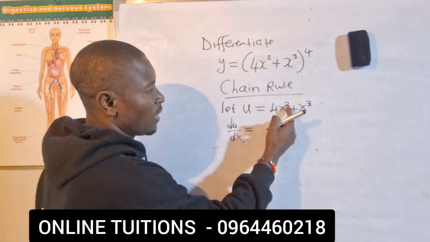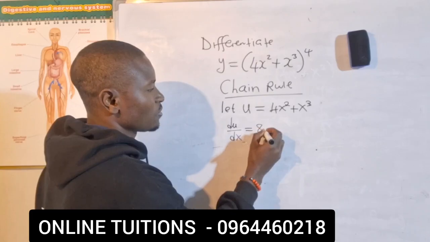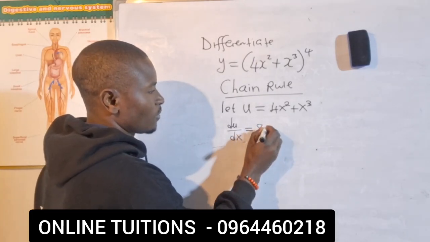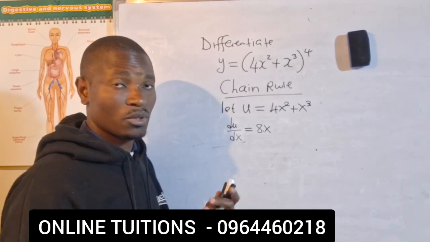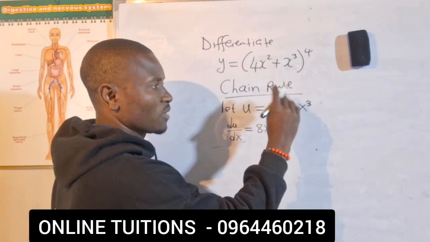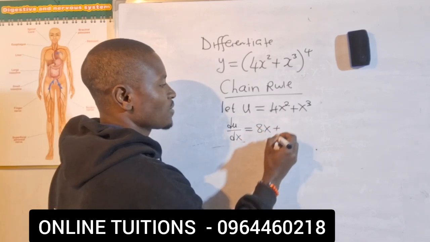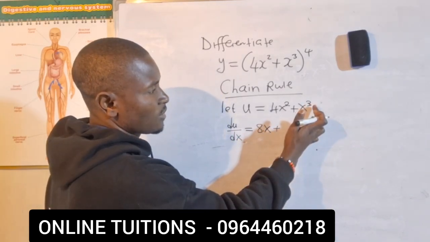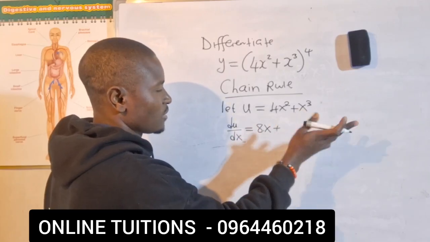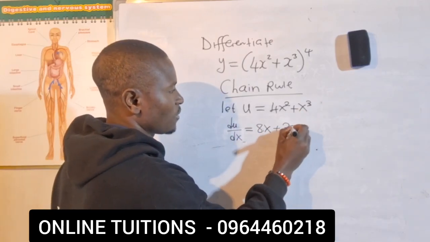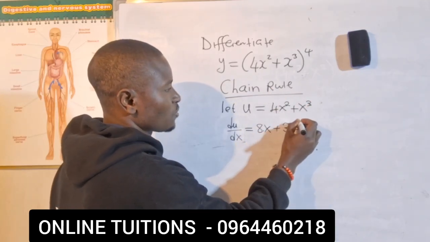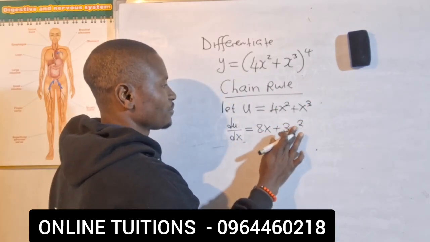This is going to be power times coefficient, so we get 8x. Now you know that the power always reduces by 1, so 2 minus 1 is just going to be 1, plus 3 times the coefficient before the x. So it's going to be 3x to the power, and then the power reduces by 1, it's going to remain 2, okay?